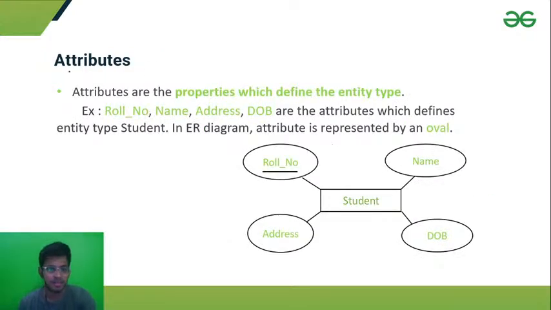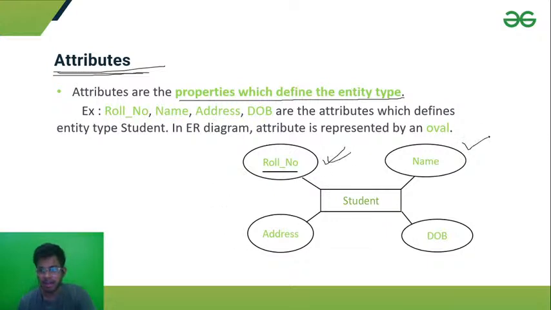So here come attributes. What are attributes? As the statement says, attributes are the properties which define the entity set. If I ask what the properties of a student can be, as this diagram represents, a student can have a roll number, a name, an address, a date of birth.